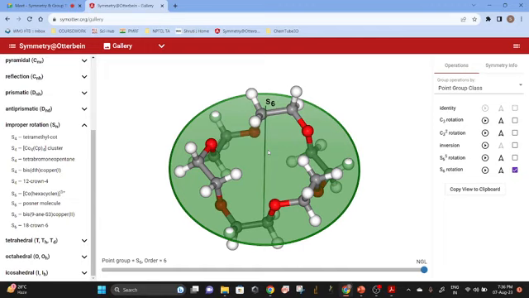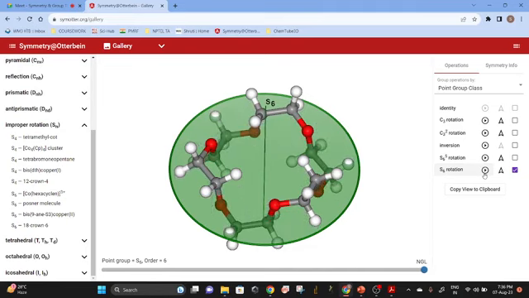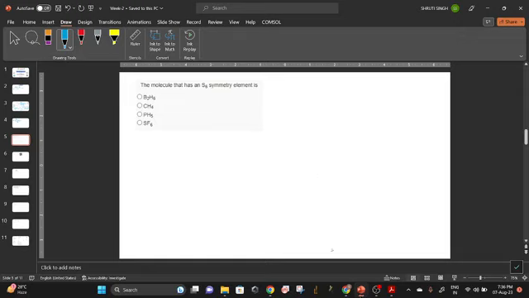Yeah. So we rotated 60 degrees and then reflected. Okay, so this is S6. Now we have to find S6 in all of these molecules. Like which has its S6? Let's start with one, B2H6.